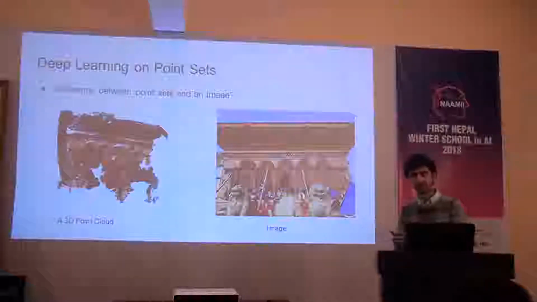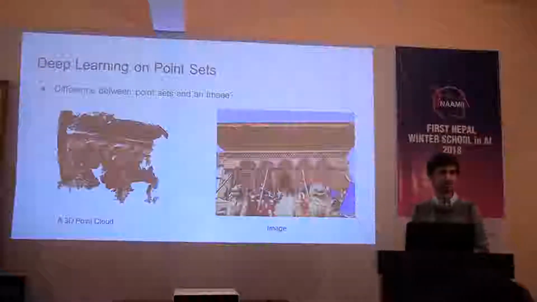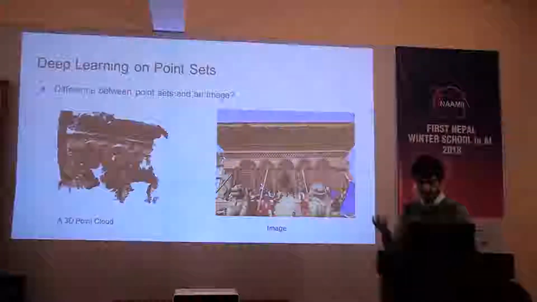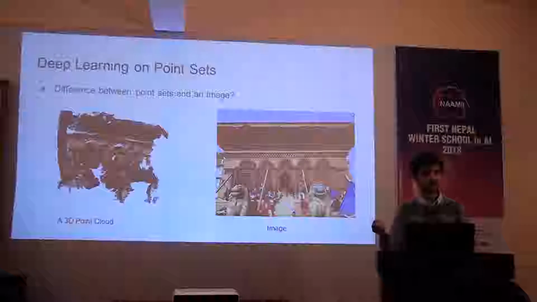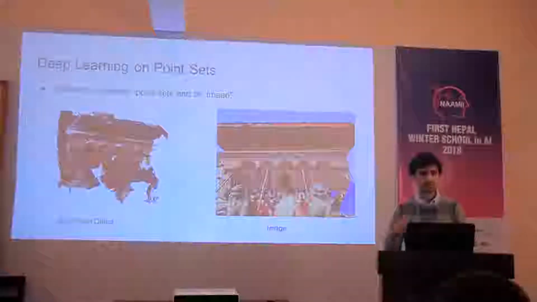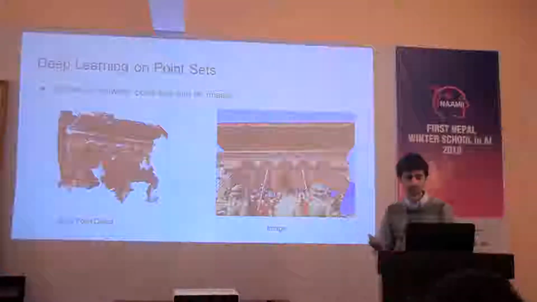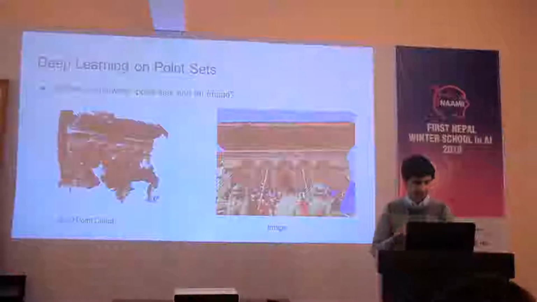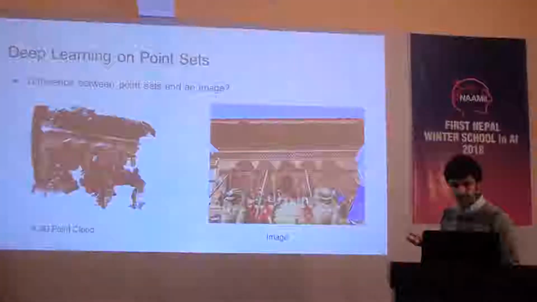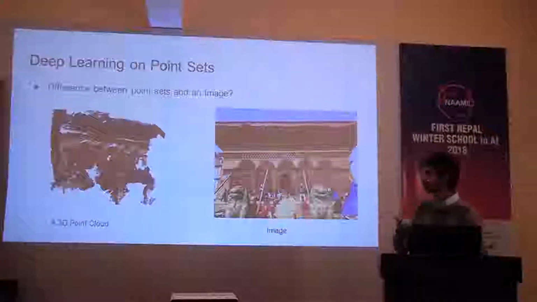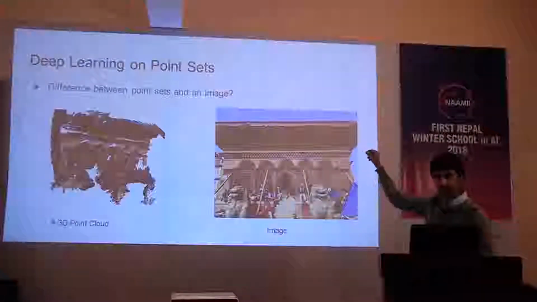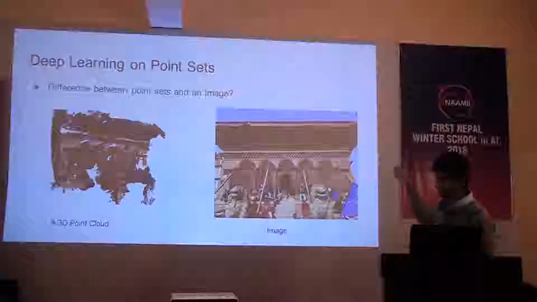In fact, that's an advantage, because we can learn how pixels are arranged relative to each other. We use that as a prior to learn on images. In point clouds or other point sets, you don't have a specific order like in the image, where you have first pixel, second pixel arranged in rows and columns.